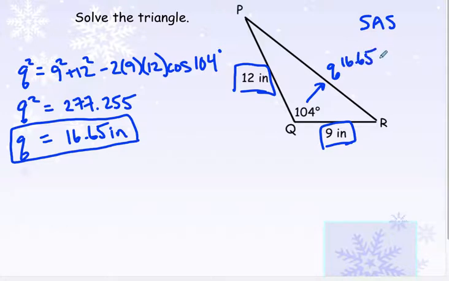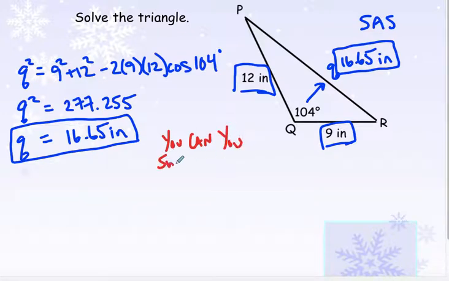Once you have these three sides, now if you want to solve for either angle P or angle R, you could switch to law of sines if you want. And the general rule is, as long as you know the largest angle, then you can switch to law of sines. I'm going to write that down.